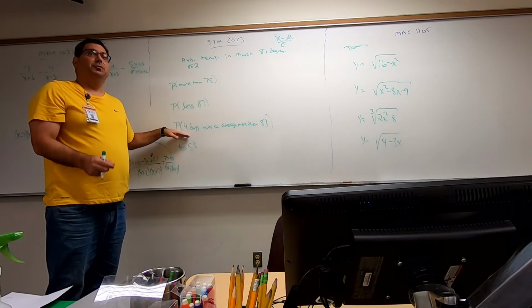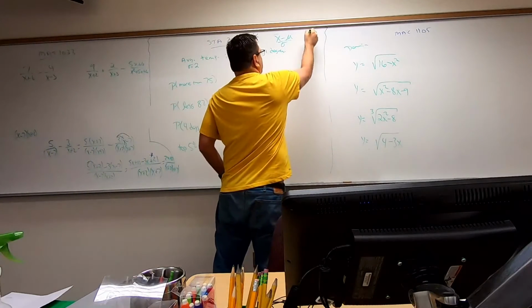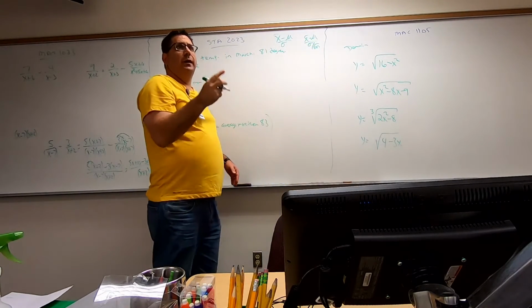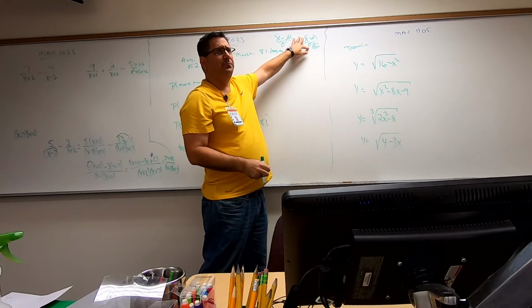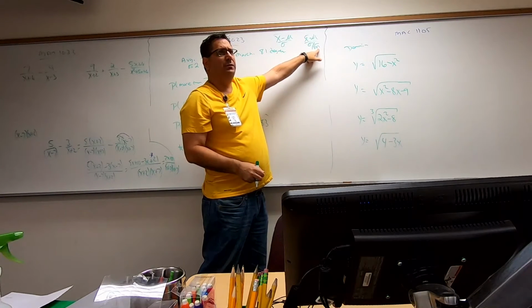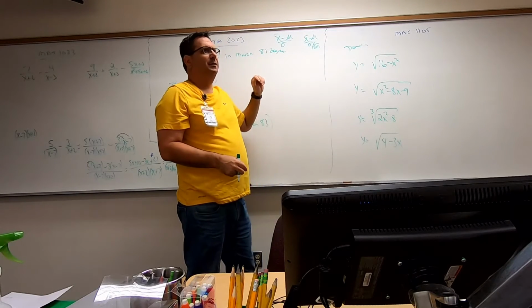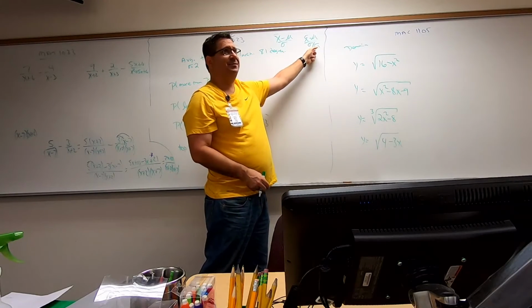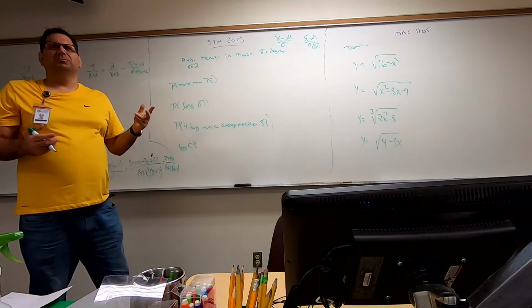If you have more than one, then you're using this. Now, if you think about it, Dan, you could functionally use this every time because for 1 day, n is 1, and you would divide by 1, and that would still be sigma. So if you have to memorize either this or this, memorize this, and then plug it in as 1. But generally, most people just memorize both of them.